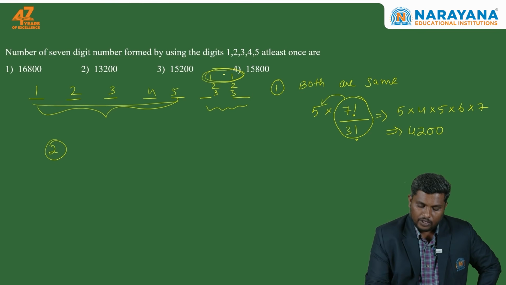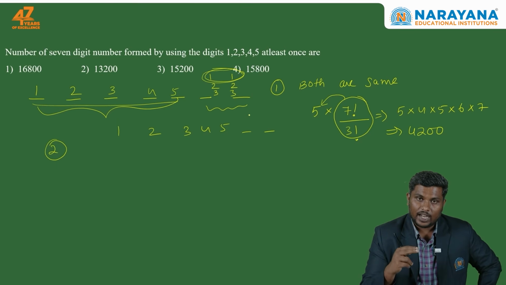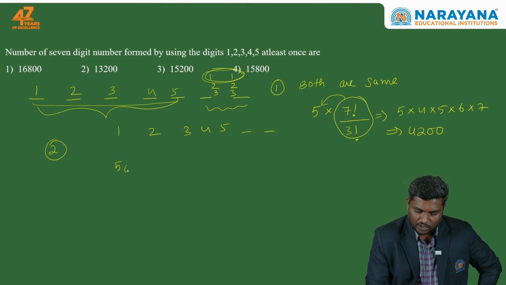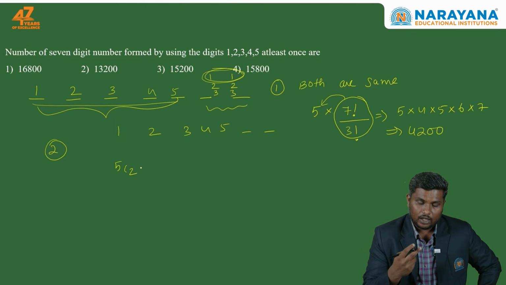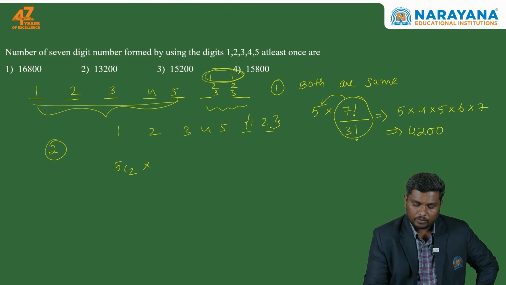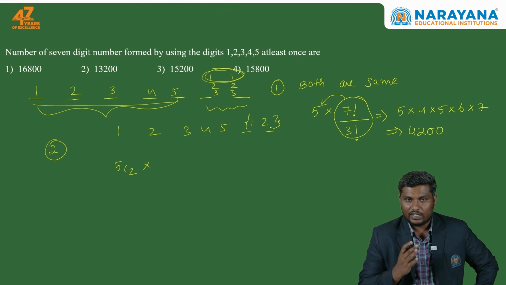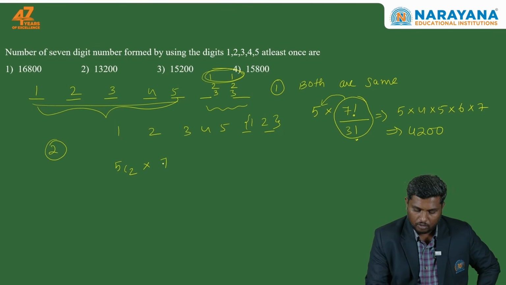So what about case 2? Case 2, where these digits 1, 2, 3, 4, 5, and these two places can be two distinct digits. They can be 1, 2, 2, 3, 1, 3, and so on. So how many such cases? 5C2. From 5 we are going to select any 2. And now let us talk about the arrangements we could make. Suppose for an instance, if I take 1 and 2 here, so I have 7 digits, out of which 2 of them are repeating twice. So number of arrangements would be 7 factorial by 2 factorial into 2 factorial.